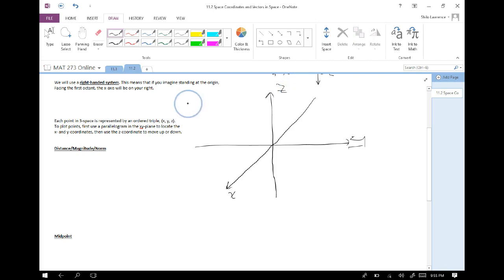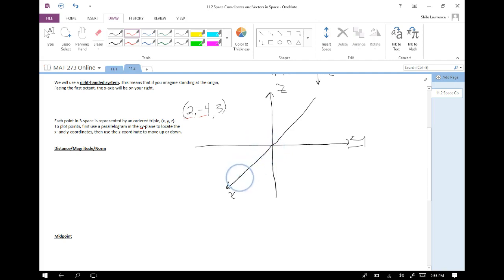And we're going to plot the point 2, -4, 3. The very first thing that you should do is you should draw a parallelogram in order to find where we are in the XY plane, because those are the two that don't look like they're making a 90-degree angle.